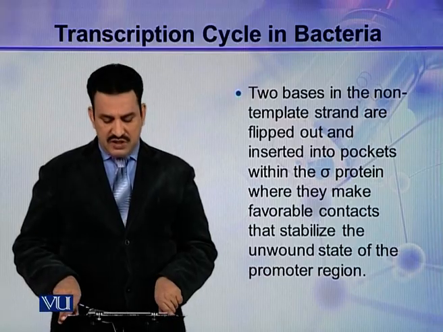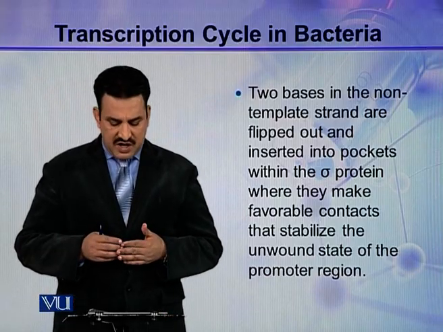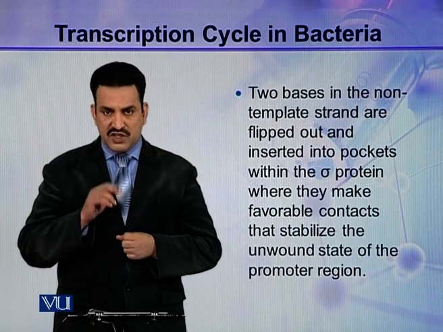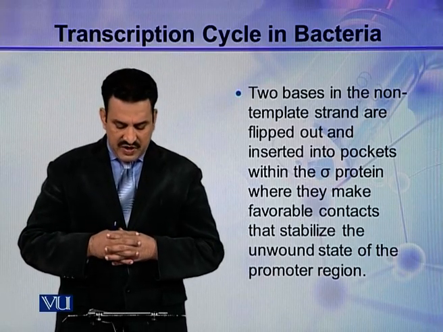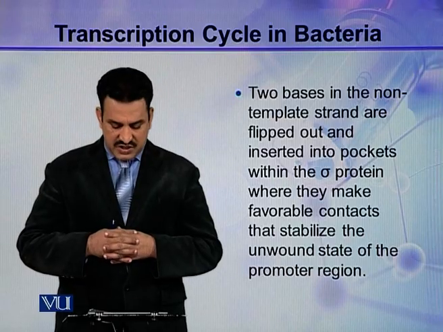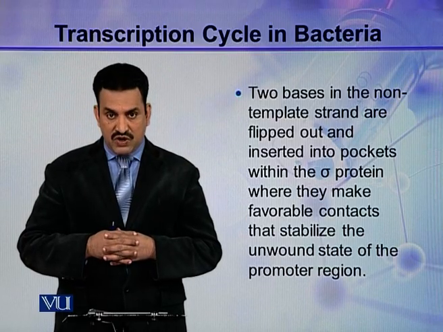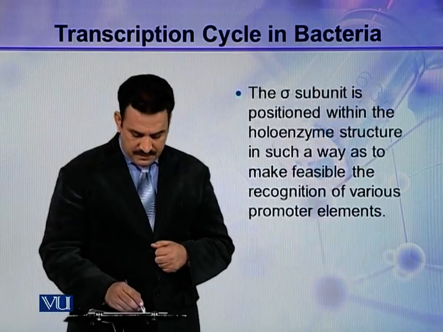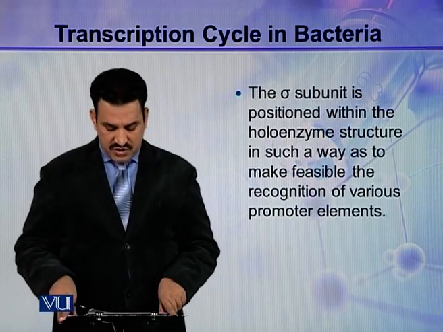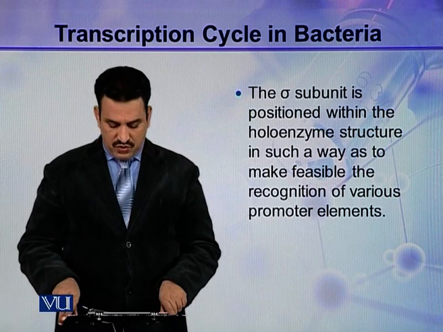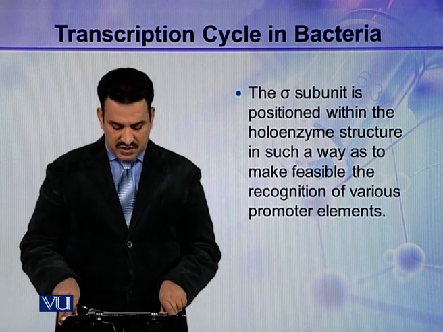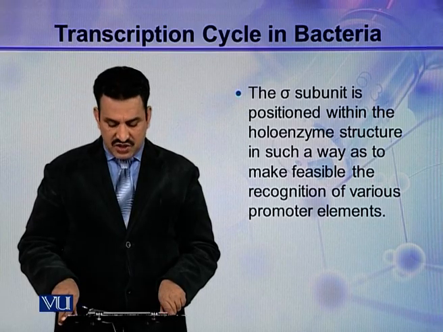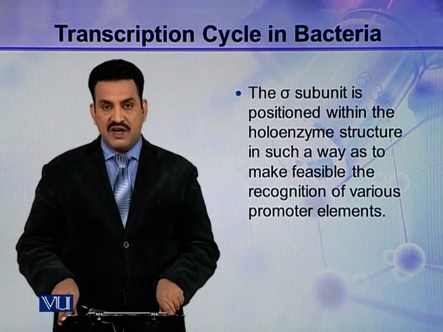Two bases in the non-template strand are flipped out and inserted into pockets within the sigma protein, where they make favorable contacts that stabilize the unwound state of the promoter region. The sigma subunit is positioned within the holoenzyme structure in such a way as to make feasible the recognition of various promoter elements.